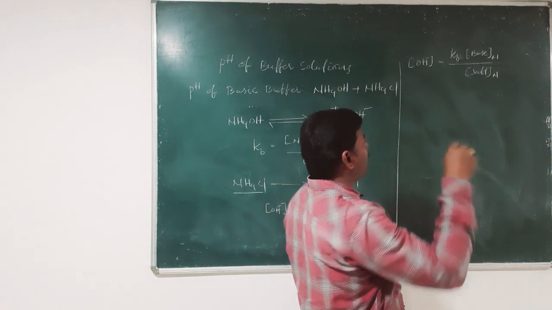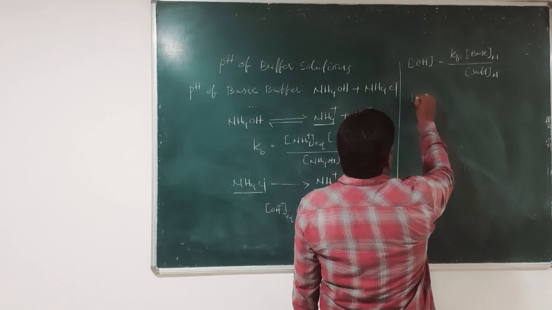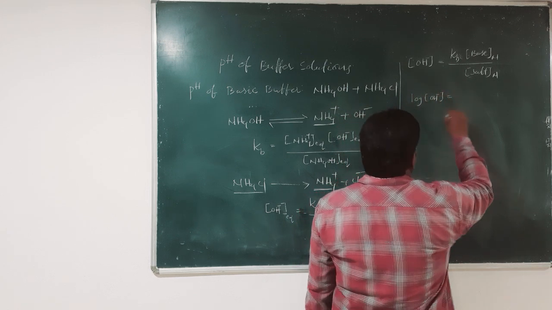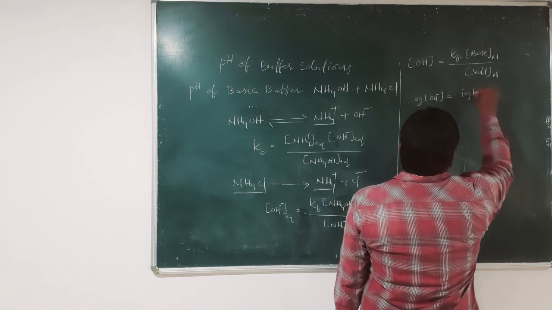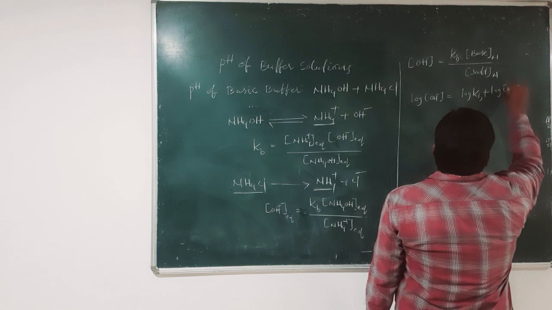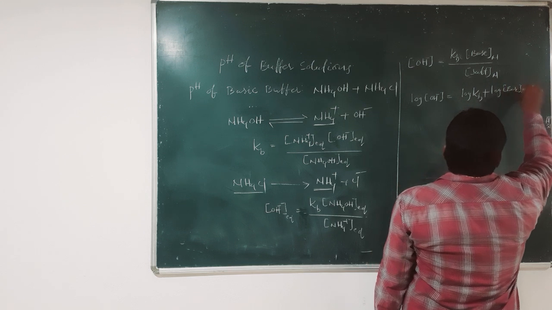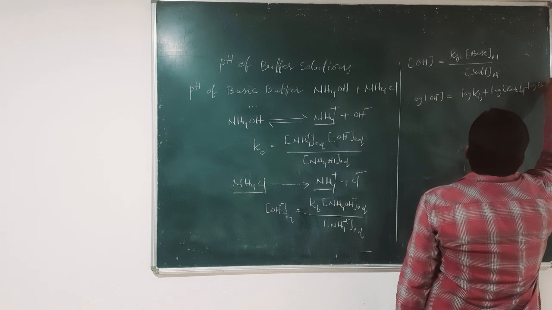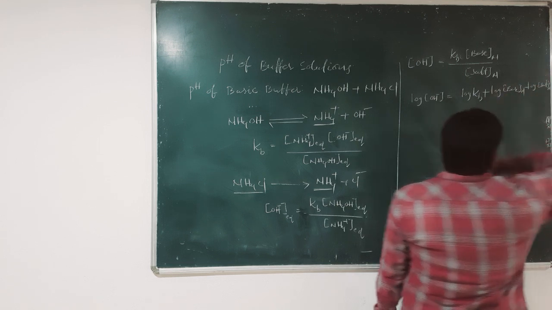Okay, now we are applying the logarithm on both sides. Log concentration of OH minus ions is equal to log Kb plus log concentration of base minus log concentration of salt, in normality.